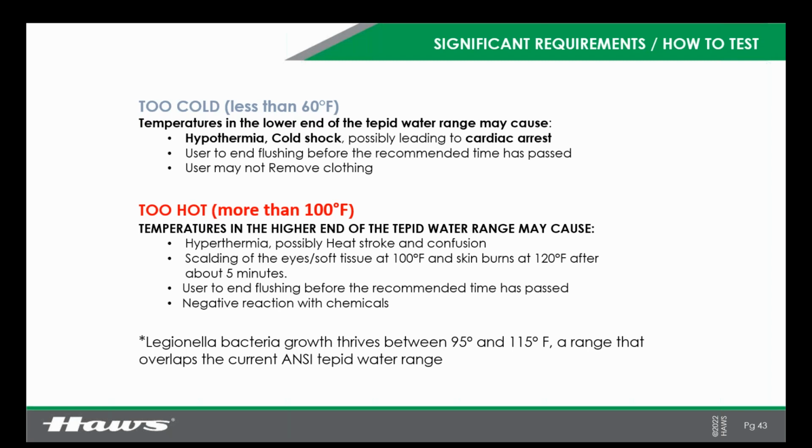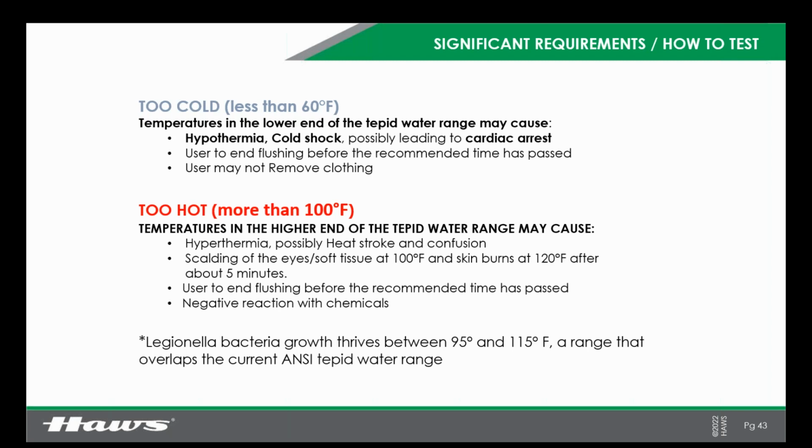If it's too hot, you're reaching hyperthermia. You're heating up too quick. You could get heat stroke, confusion. Scalding of the soft tissue of your eyes starts at 100 degrees Fahrenheit, and skin burns start at 120 degrees Fahrenheit. I have personally pulled showers. I think the hottest temperature I've run into is 128 degrees Fahrenheit, and it was burning my hand through the shower sock.